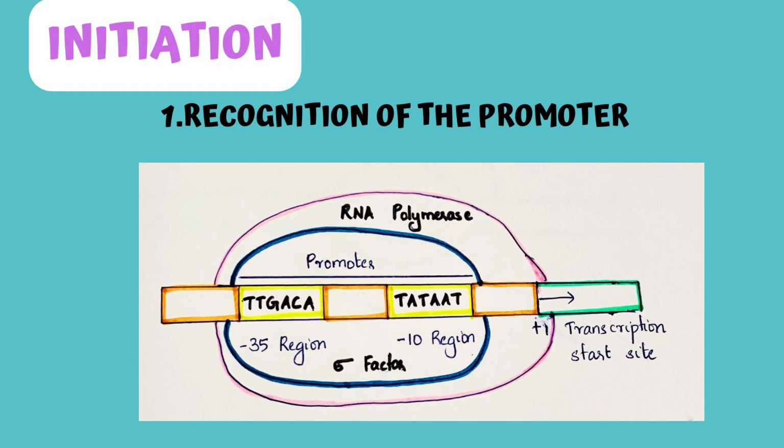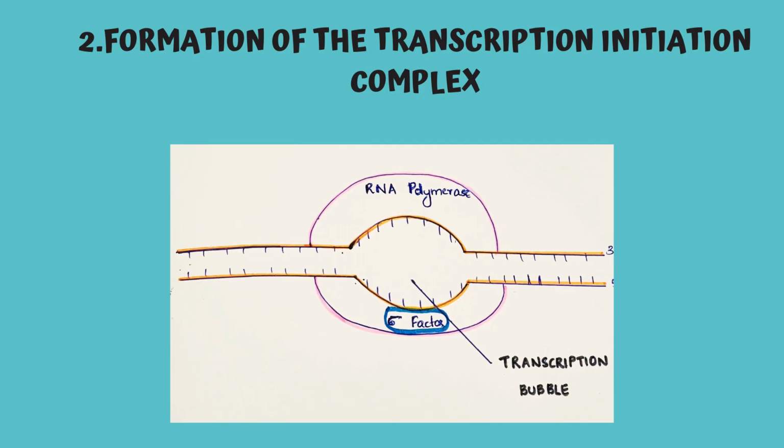It has a consensus sequence of TTGACA. The interaction between RNA polymerase and the promoter is facilitated by a subunit of RNA polymerase called the sigma factor, which recognizes and binds to the promoter region.